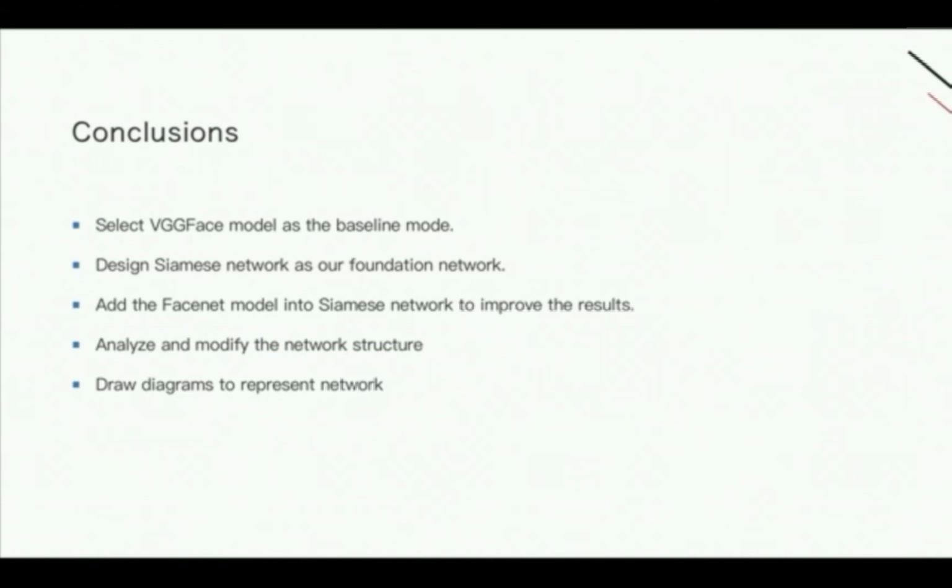Although it is not difficult to build the model because there are some references, during the process of model construction, we analyzed the network structure of the model and drew diagrams to represent the network, which helps us to better understand how the image data is converted into a matrix and how the matrix is changed in the model.